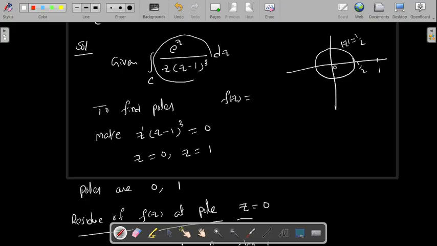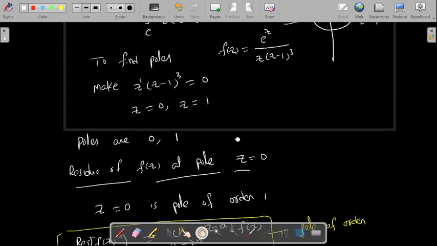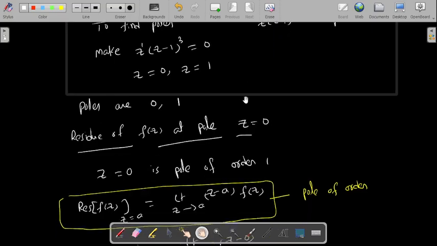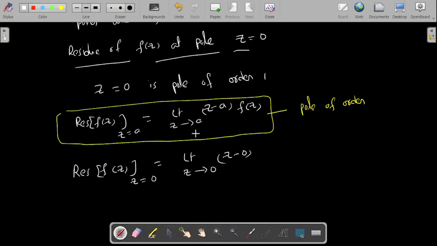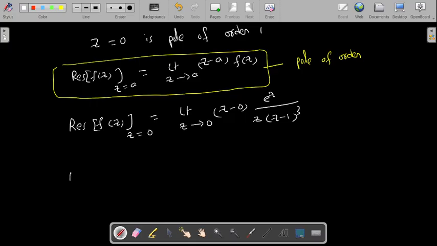This total is f(z): f(z) equals e^z by z into (z minus 1) whole cube. So you have to substitute this: z minus 0 into e^z by z into (z minus 1) whole cube.